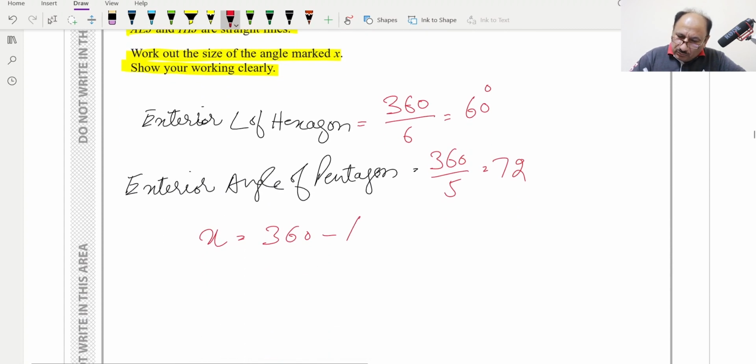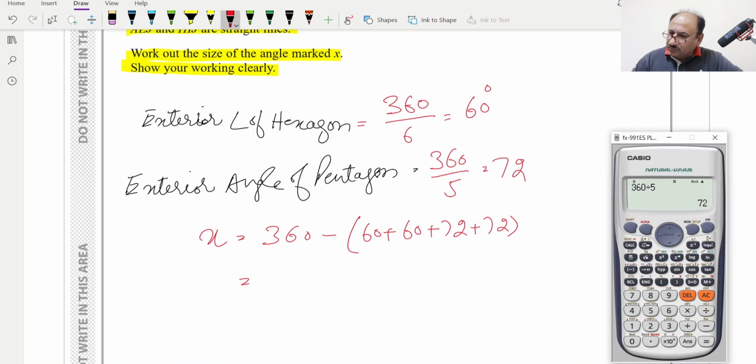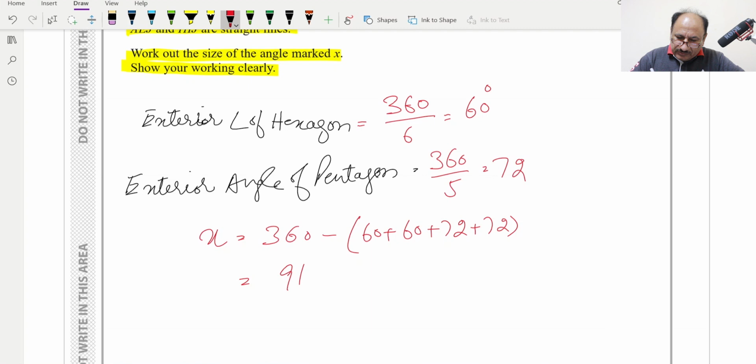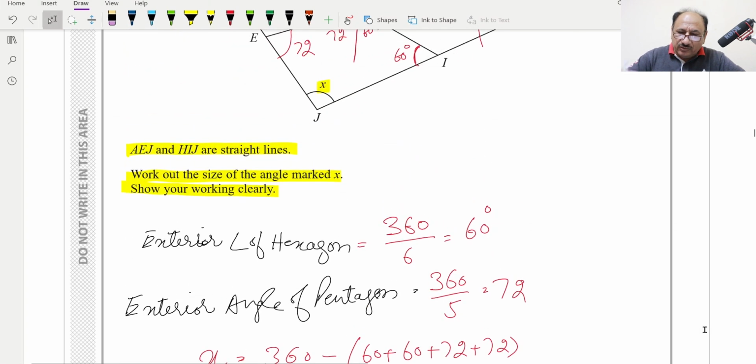So 360 minus bracket 60 plus 60 plus 72 plus 72, bracket close, and this will be equal to 96. So this x value will be 96, hopefully.